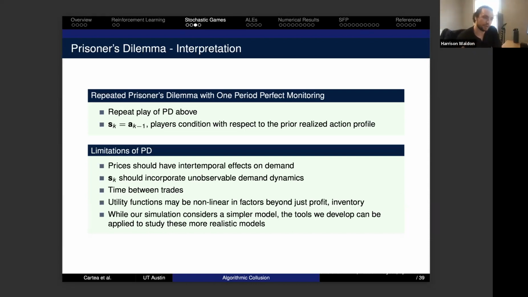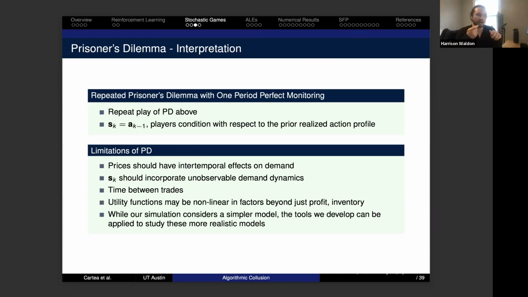So yeah, just to speak briefly about the limitations of prisoner's dilemma as a model for market interaction. Of course, this is definitely a toy model, and prices should have an intertemporal effect on demand, which should be incorporated into the dynamics of the state process. Here we only consider the state process to be the vector of prior realized prices.